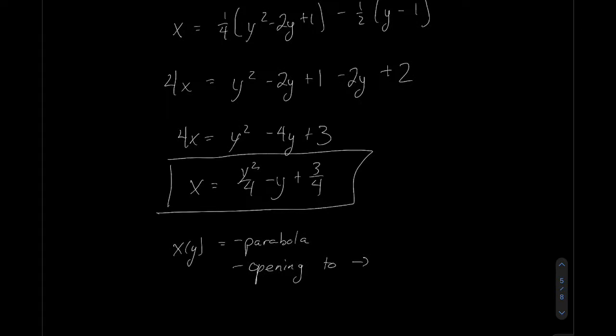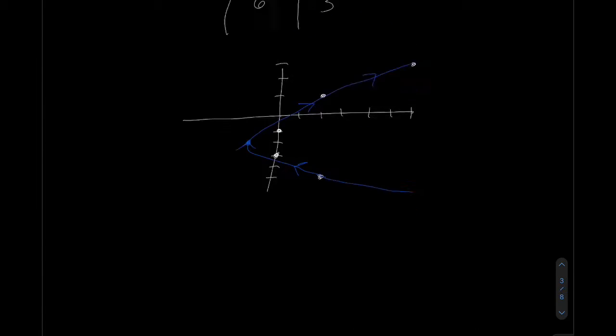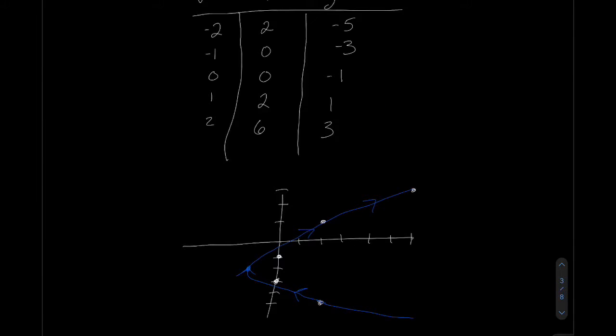So let's not worry too much about the vertex, but it should be a parabola opening to the right. And if we look back at our graph 2 examples ago, we see here that we do in fact have a parabola opening to the right.